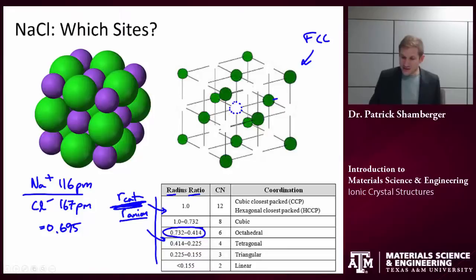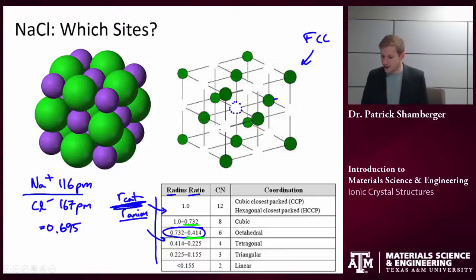And so what that means is that that cation, sodium, is a little bit bigger than the size of the octahedral hole, but it's a little bit smaller than the next available site. So the next one would be a cubic available site, and the size of that available site is 0.732 times the radius of the anion.